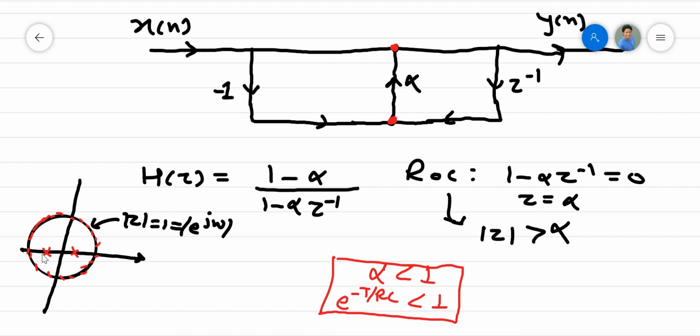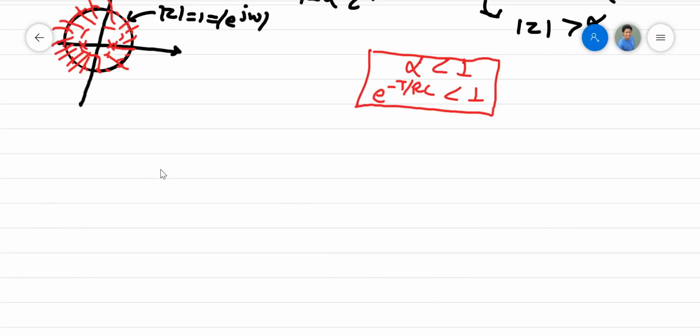That means ROC will involve that. If this is the case, then ROC will involve this unit circle, and e to the power j omega is valid. Now we can find out the value of H omega by substituting z is equal to e to the power j omega.